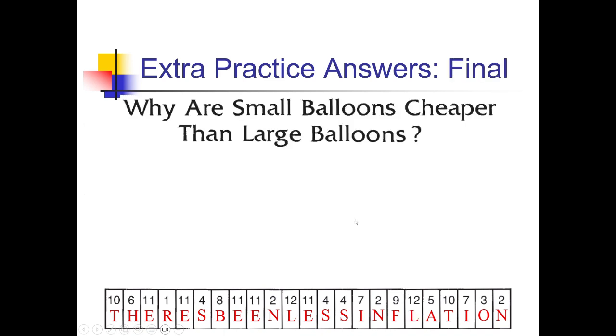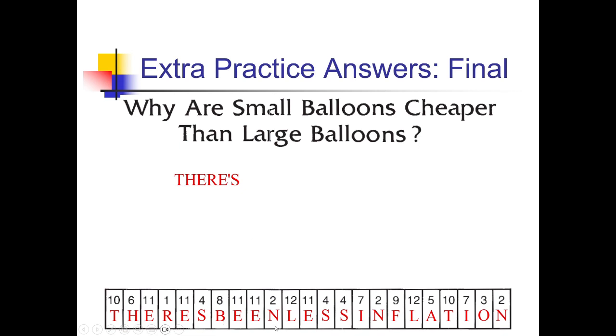Now that we've filled in all the letters, we have to decipher this to figure out the answer to our riddle, which again was, why are small balloons cheaper than large balloons? So let's see, we got THE, that would be the, but there's a little bit more there, so I think this is actually the word theirs, and maybe an apostrophe in there, just to use proper English grammar.